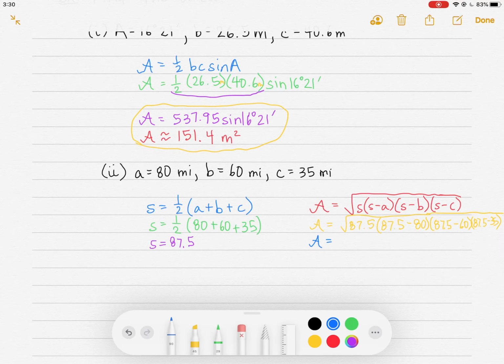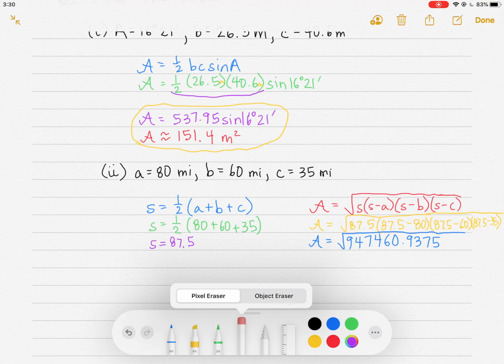And underneath there, my exact answer for my area, this is why I should have made it a whole number, but that's okay, is 94740.9375 is what my calculator said.